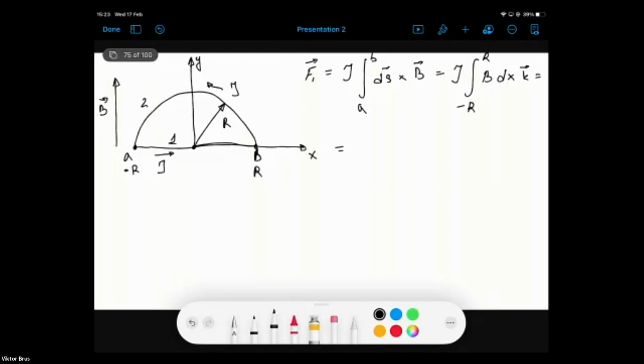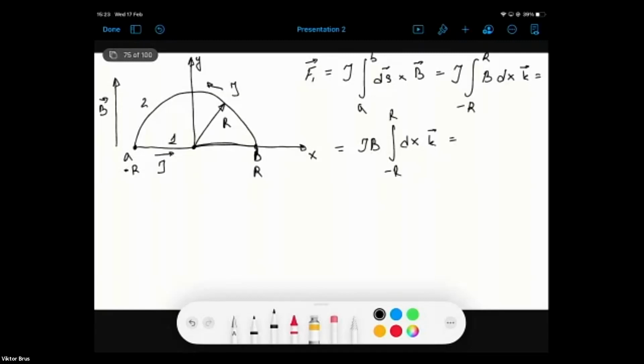So now it will be equal to current and magnetic field strength, these are constants, and here is the integral from minus r to r of dx. Oh sorry, once more, I forgot this k vector, the unit vector.